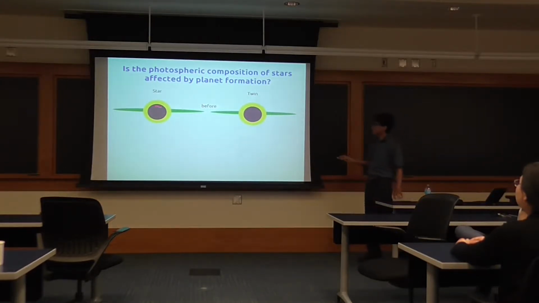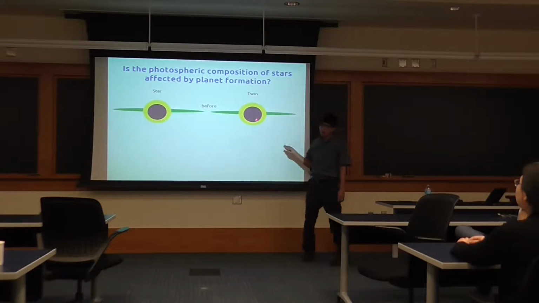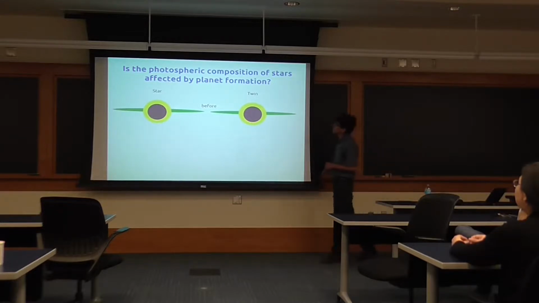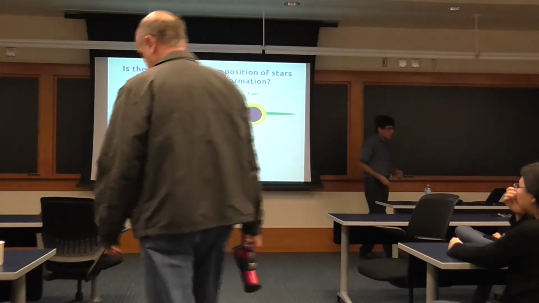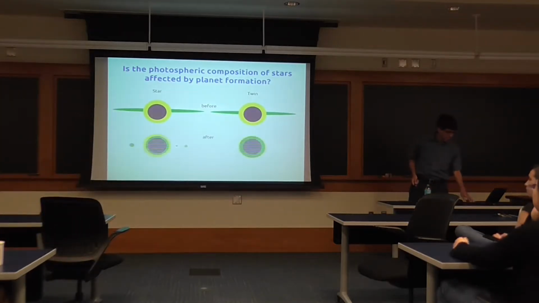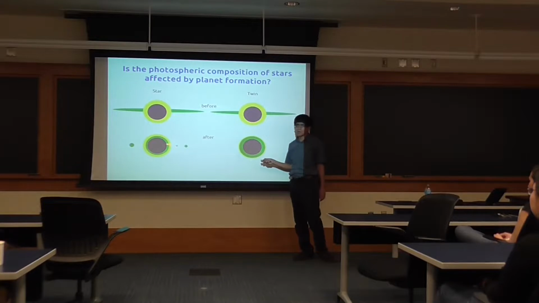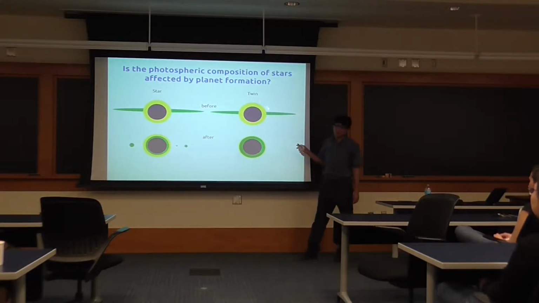And you have the star on this side and a twin of it, a star which is for all practical purposes identical to that other one. Now let's say that out of that protoplanetary disk, for some reason, in this star over here, planets form, but in this other one, planets don't form.